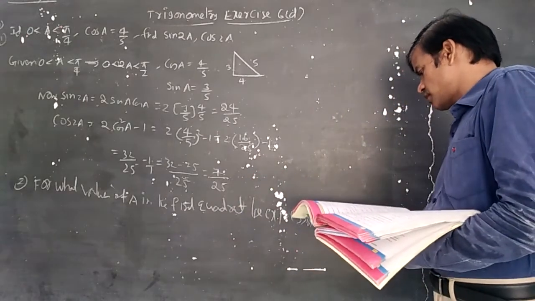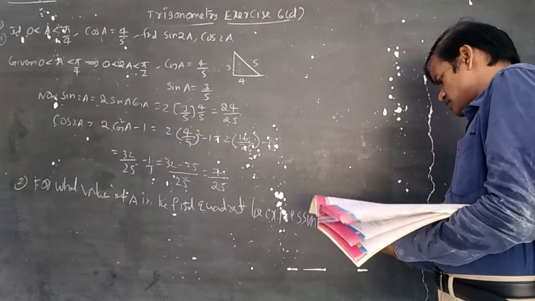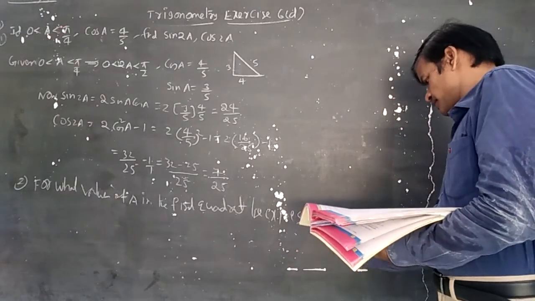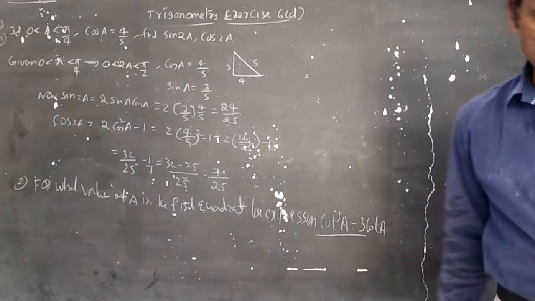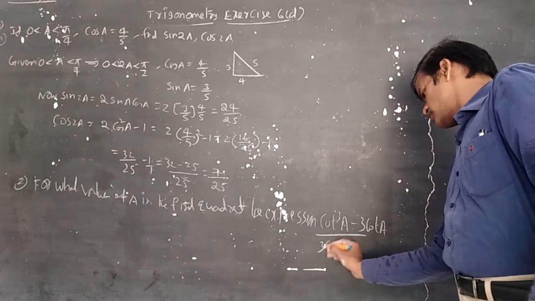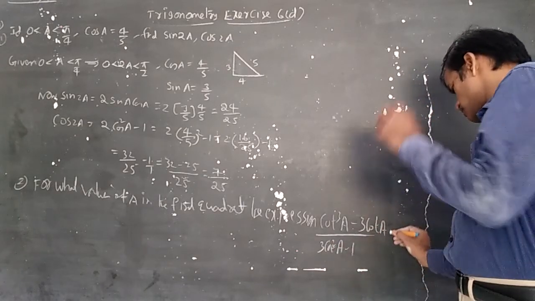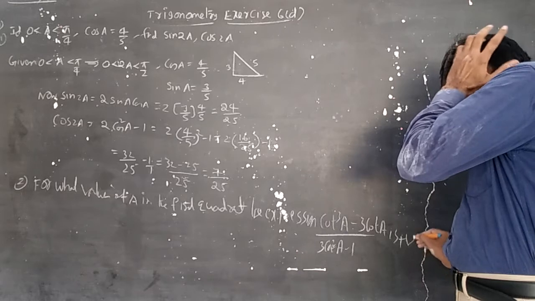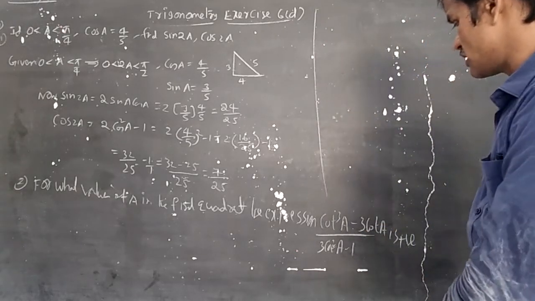cot cube A minus 3 cot A by 3 cot square A minus 1 is positive. Students, this is the formula of cot 3A.